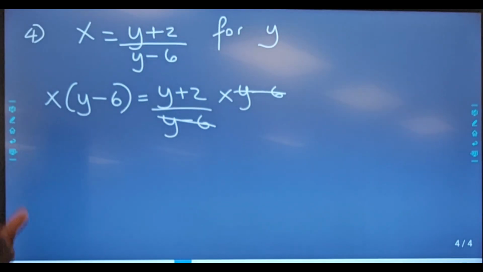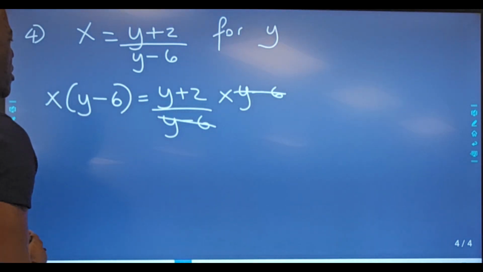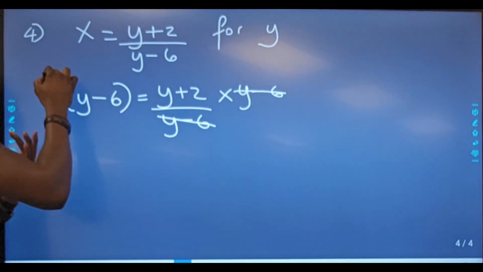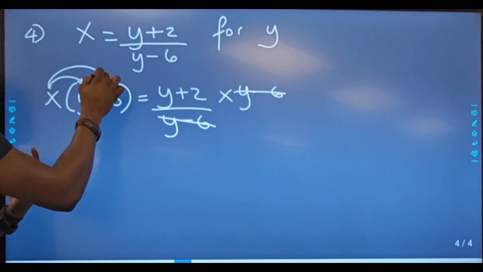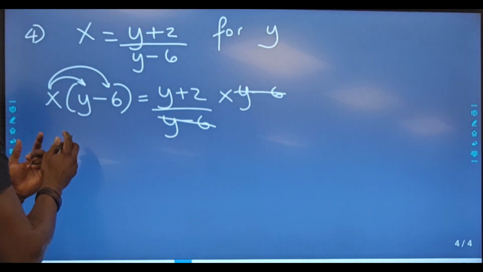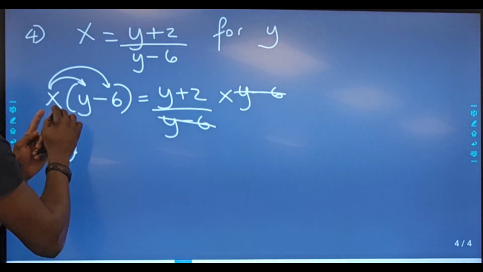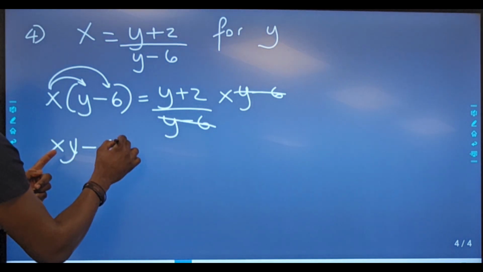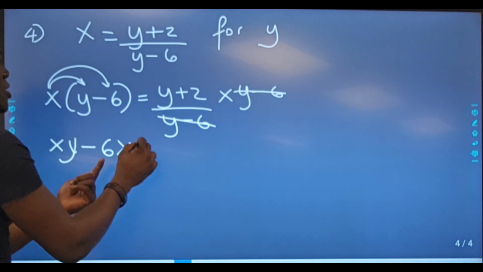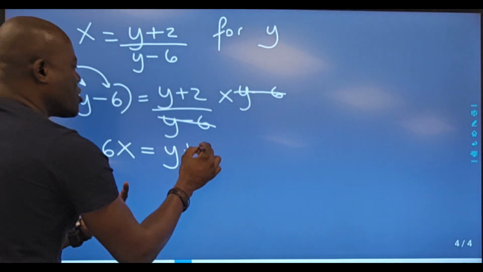So on right side, I can cancel y minus 6. Let's rewrite what we have. At the same time, I'm going to distribute this x inside so that I expose the y. So we have x times y is going to be xy, and this is going to equal to minus 6x. This is all equal to y plus 2.